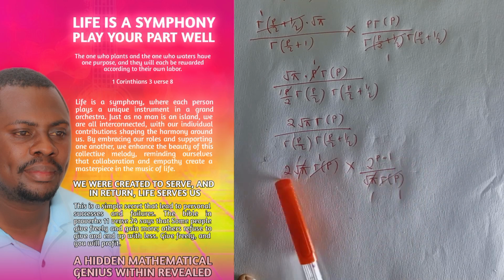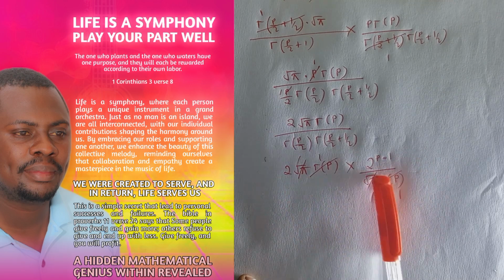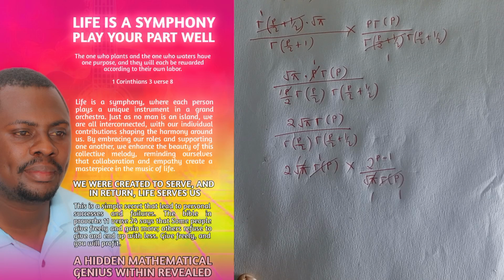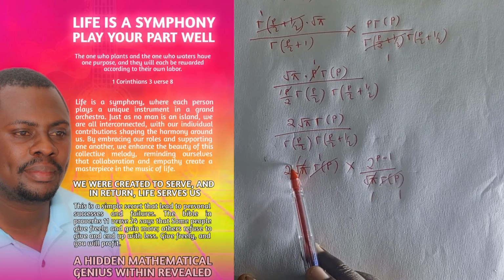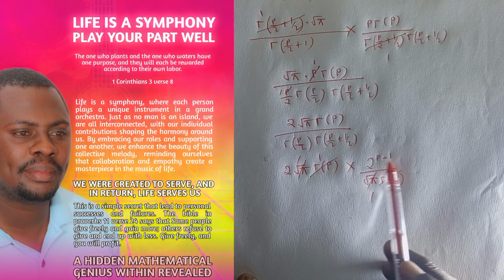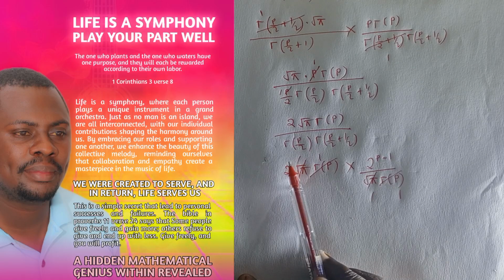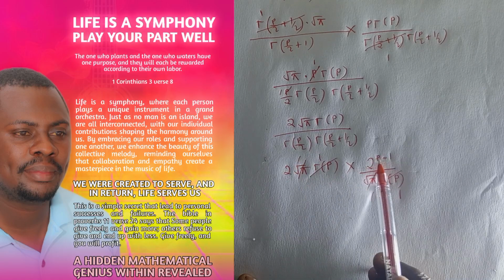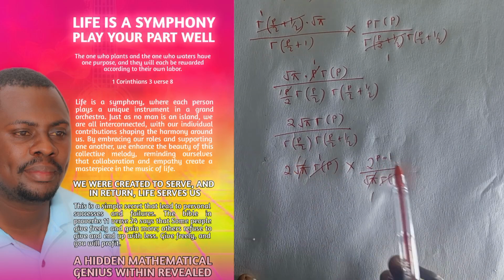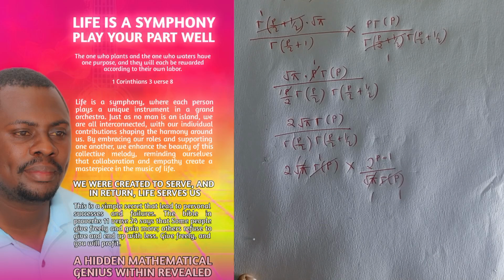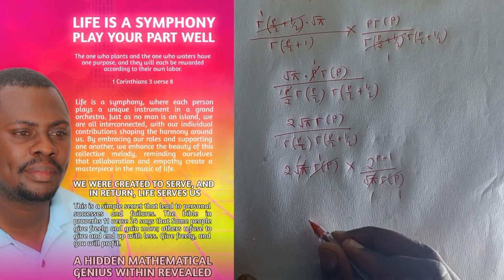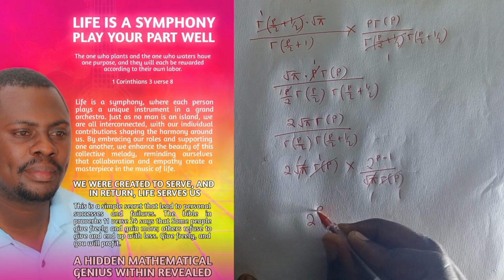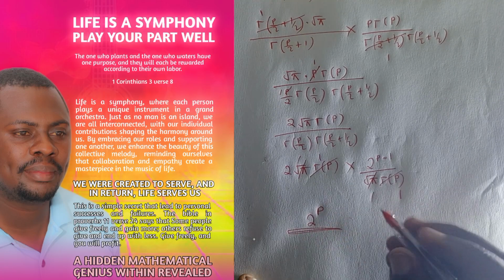Now when we are multiplying numbers with same bases, you add the powers. Here the power is 1 and here the power is p minus 1. So we have 1 plus p minus 1. Plus 1 and minus 1 will cancel out. So you just remain with p. So this gives 2 to the power p.